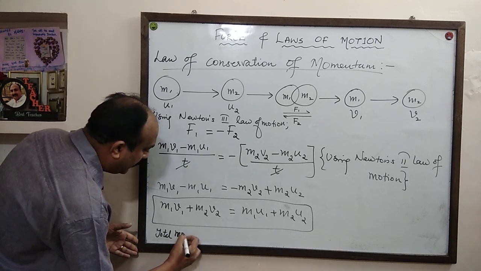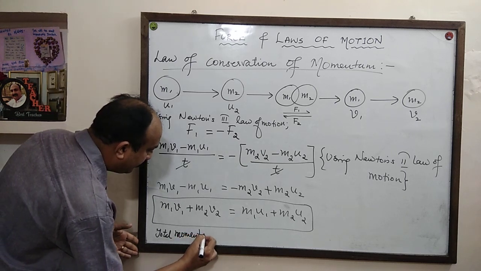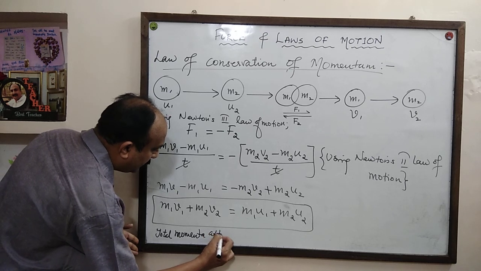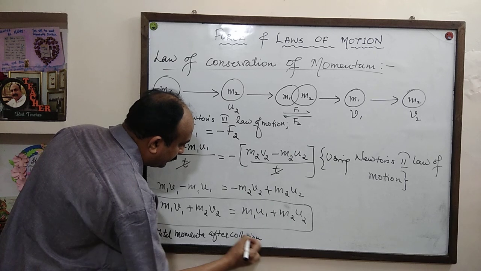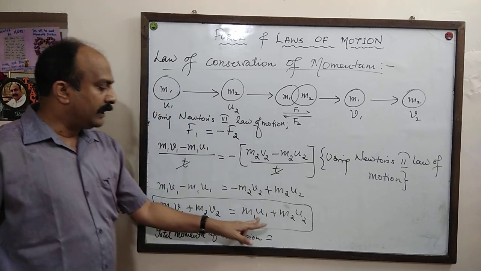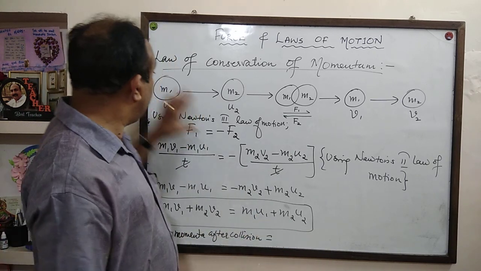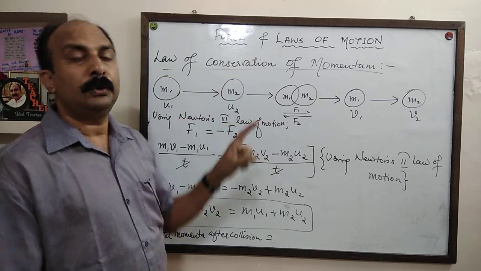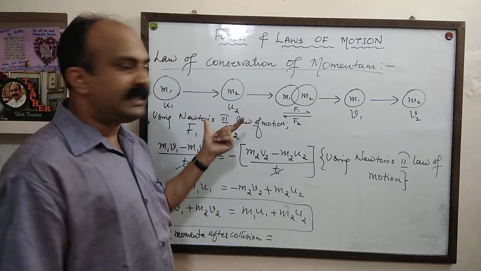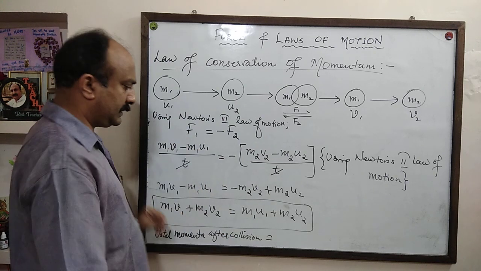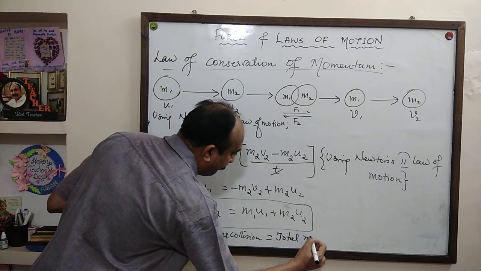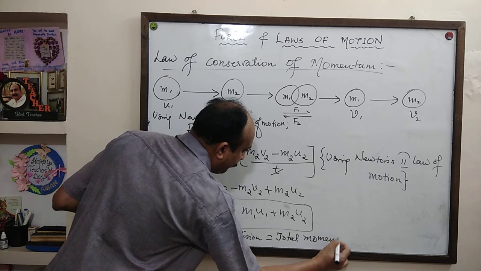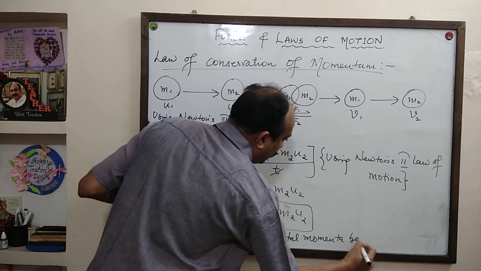So total momenta after collision is equal to, what is m1 u1 plus m2 u2? m1 u1 plus m2 u2 is the total momenta of the same two bodies before collision. So total momenta before collision.